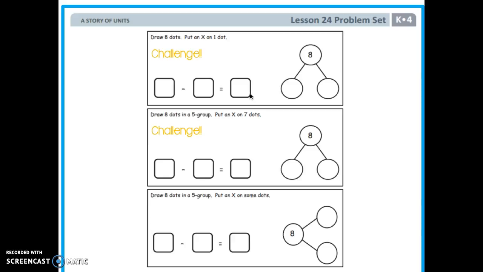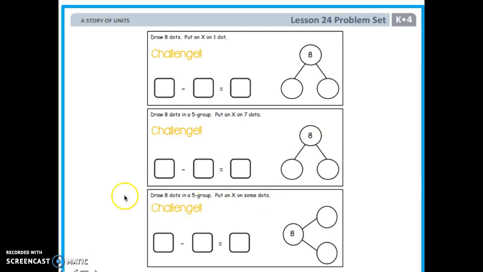Put an X on 7 dots. Please fill in the number sentence. Your in all, minus how many you crossed off, and how many you have left. Here's your in all number 8, and what were your 2 partner numbers that made 8?